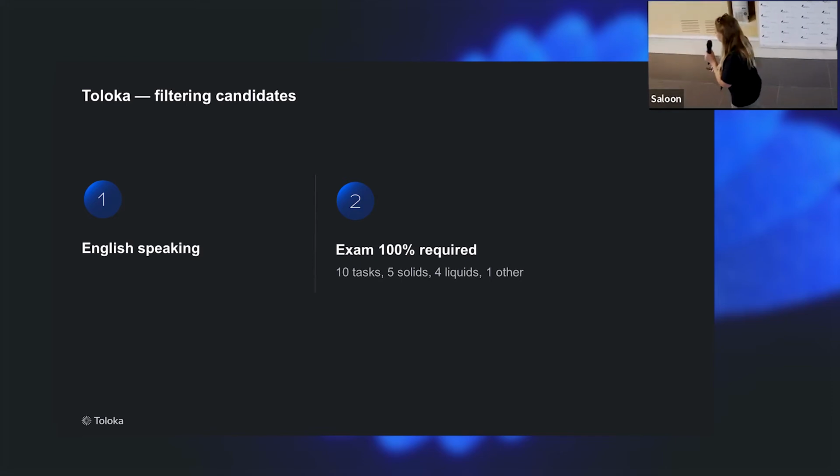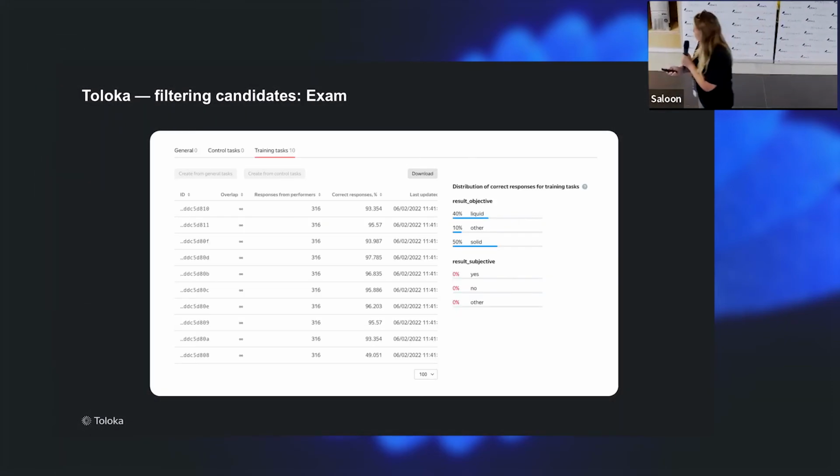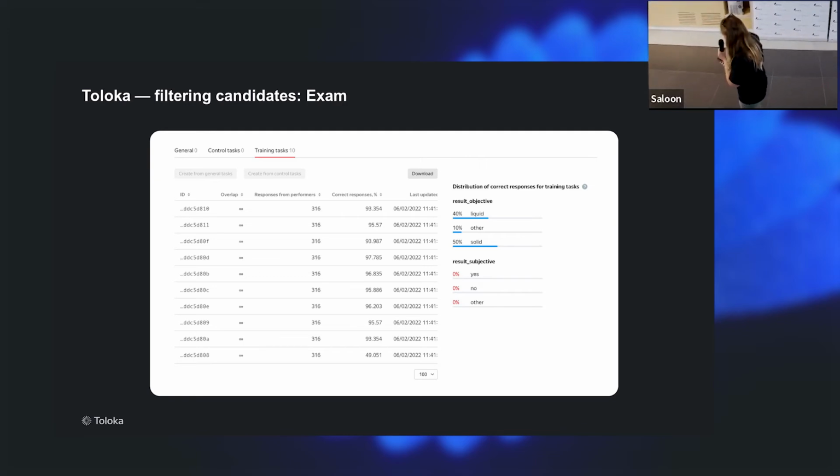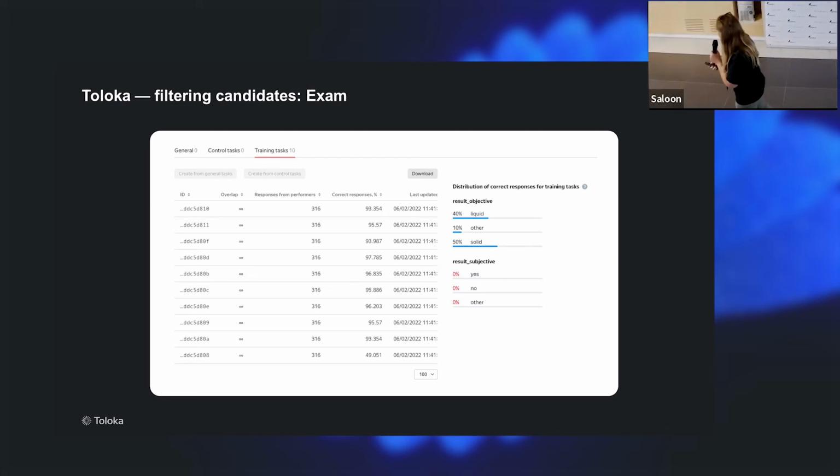And I have prepared an exam for them that they had to pass. So this is how this exam looked like. It had 10 instances of pictures. Some of them, as you can see, were solid, some of them were liquid, and I also wanted to include an edge case.